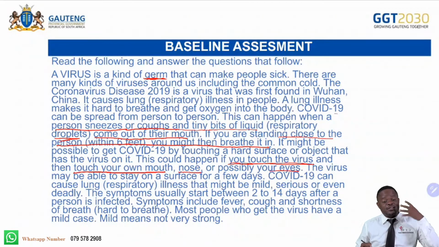That is how the virus could spread, and hence the importance of what we use to sanitize. I hope you're still sanitizing your hands, keeping your hands clean of these microorganisms. So these are the ways in which COVID-19 could spread.